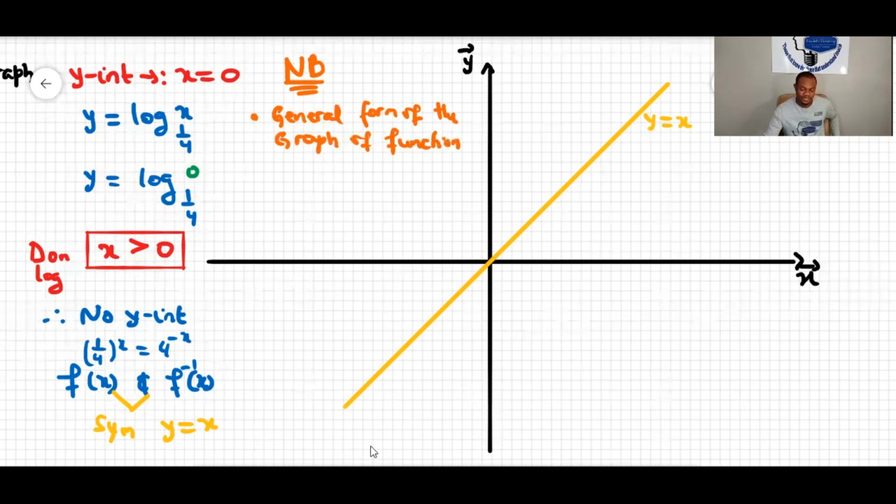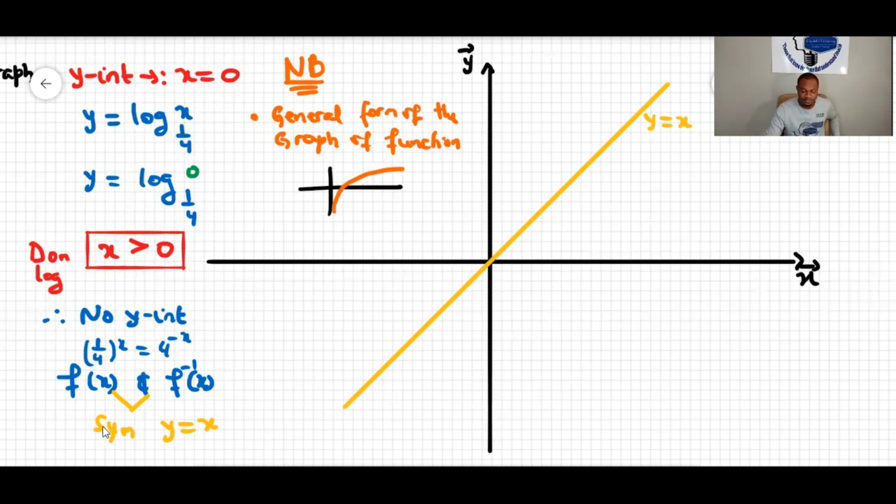Okay, you may not need to start over here to draw this graph, but if you already know that log functions have this form. For logs, for instance, I know that the log function has this form. It goes from down here to up here. Those are log functions.